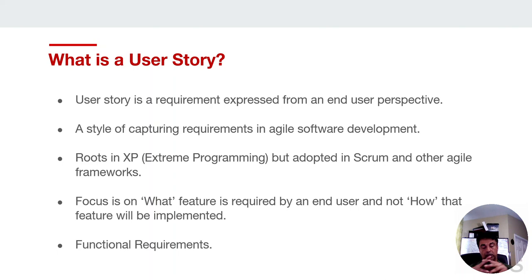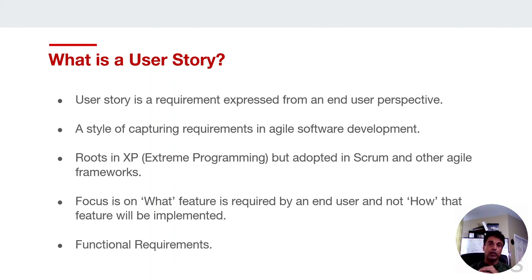Now, as I said, the focus is on writing the what aspect, what feature is required by an end user, and not how it's going to be implemented in the solution. So when we write a story, always focus on the what aspect.